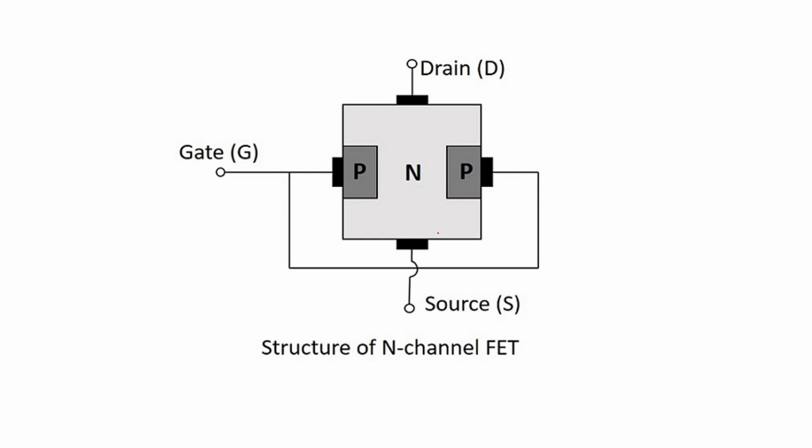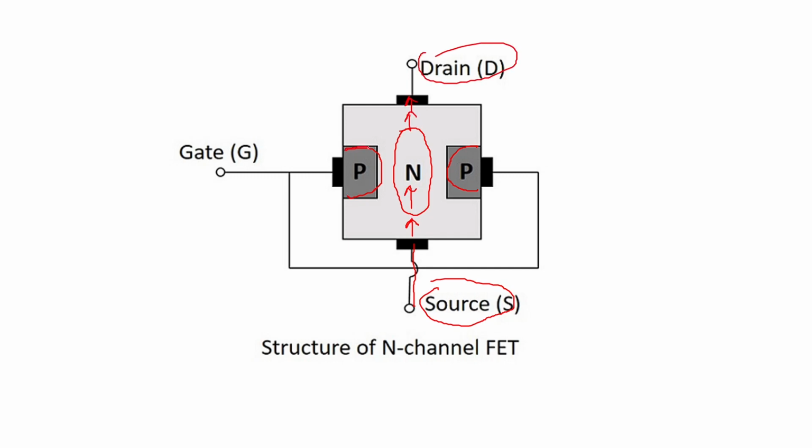Here you can see the structure of an N-channel JFET. This is P-type material used in an N-type semiconductor, which is the body. Now this body has two terminals. One is the source, from where the charge carriers will be flowing, and this is the drain, where the charge carriers will be collected.